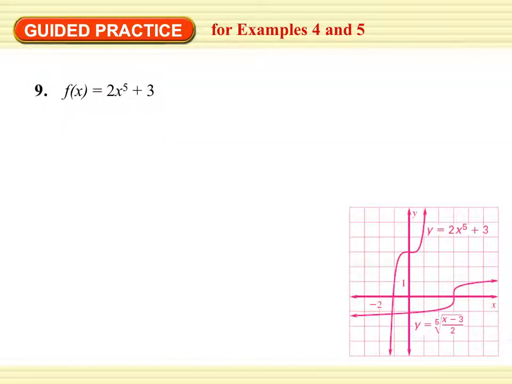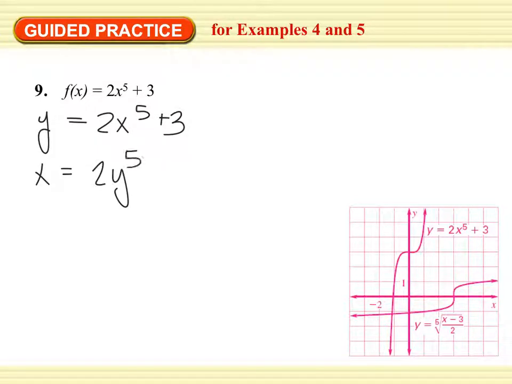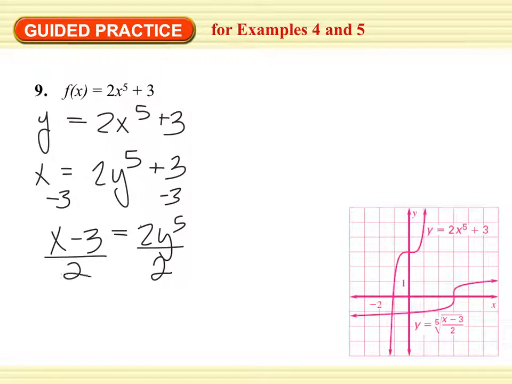Okay, next one. Let's go ahead and try to find the inverse. I have y equals 2x to the 5th plus 3. Exchange my variables. x equals 2y to the 5th plus 3. Subtract 3 from both sides. X minus 3 equals 2y to the 5th. Divide both sides by 2.